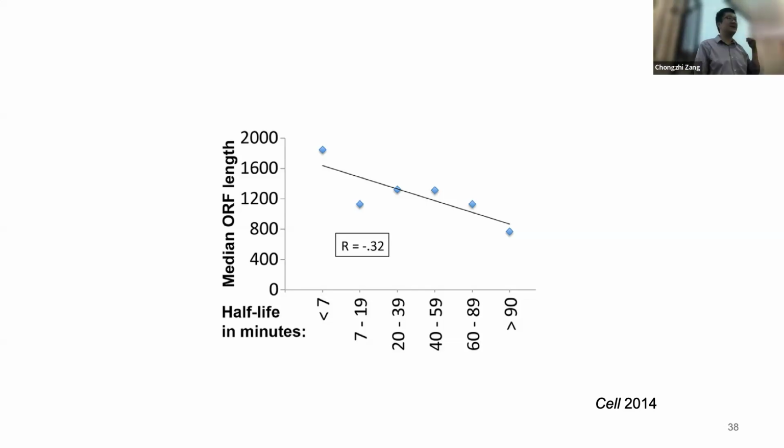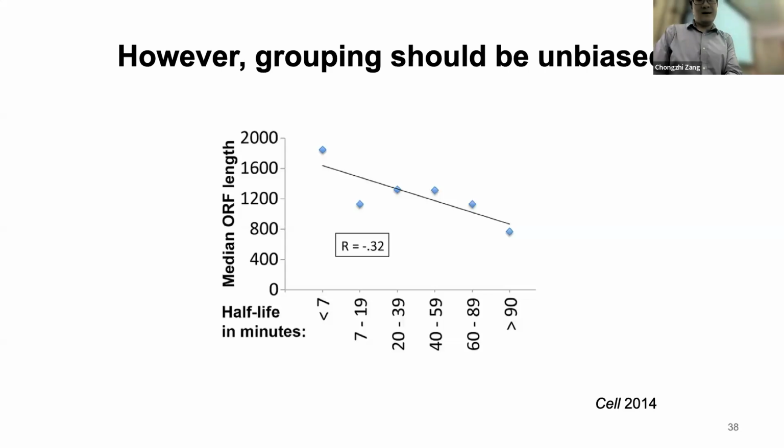And from this plot, imagine that if you group the data points evenly, like every 20 data points, and if you group the first data points with the second one, would you still be able to see such a negative correlation? It's questionable, right? So the grouping should always be unbiased, should always be fair. So this is actually a data manipulation that should not even be accepted, even in a Cell paper.